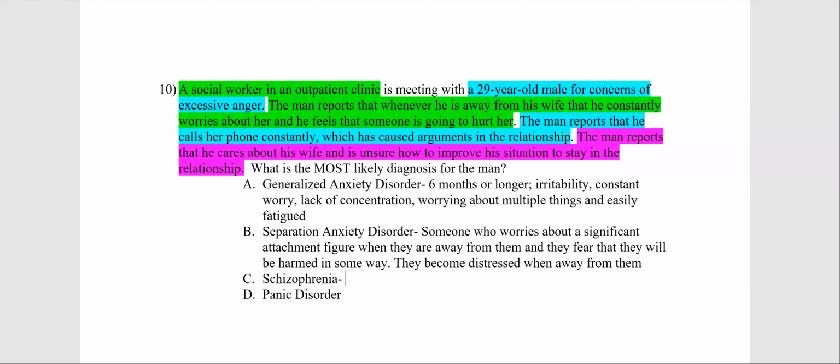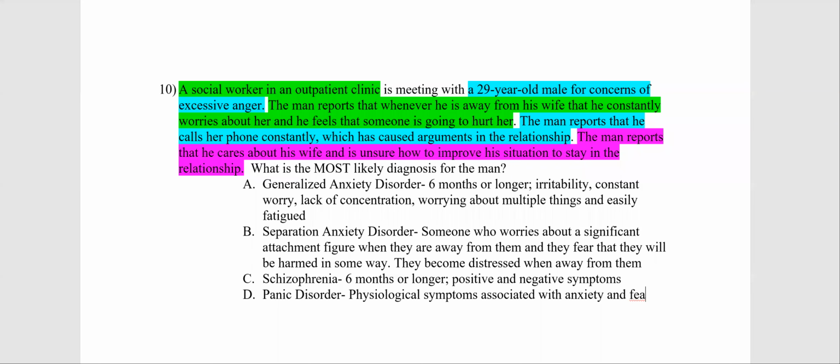Schizophrenia, 6 months or longer, and we're looking at the positive and negative symptoms. And then panic disorder is those physiological symptoms or physical symptoms associated with anxiety and a fear of having panic attacks.